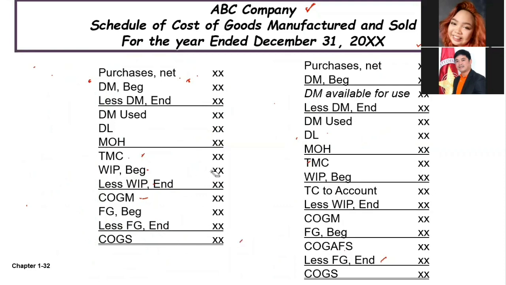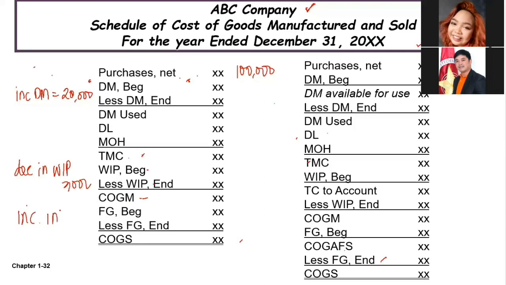Ayan. Let us say, for example, that your purchases is 100,000. Tapos ang binigay, instead na DM beginning and DM ending, sabihin niya, increase in the DM is 20,000. Decrease in WIP is 30,000.